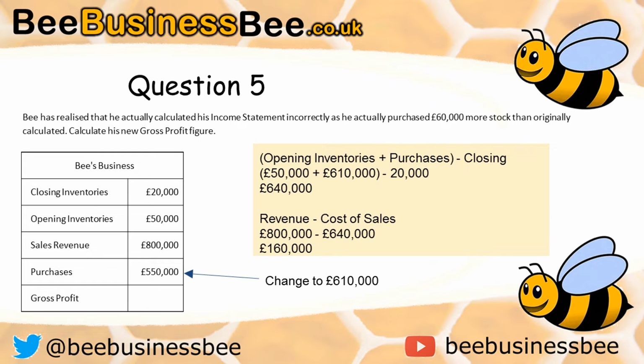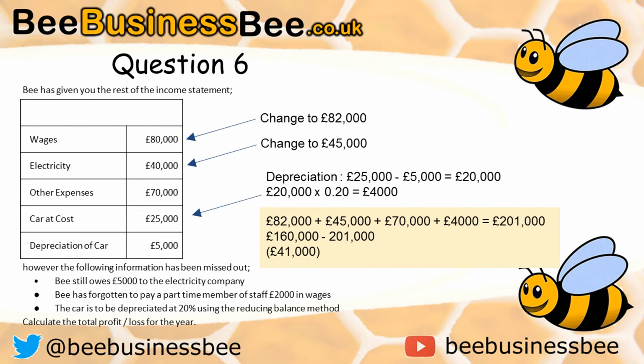Then you need to use that formula, revenue minus cost of sales. So it was going to be your £800,000, take away your £640,000, and that would leave you with £160,000 gross profit. Fairly straightforward.